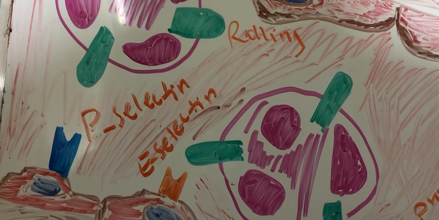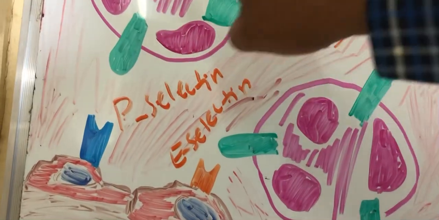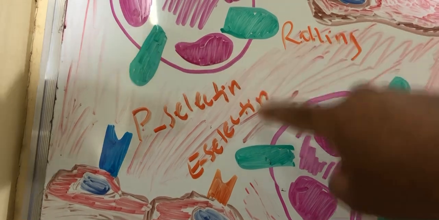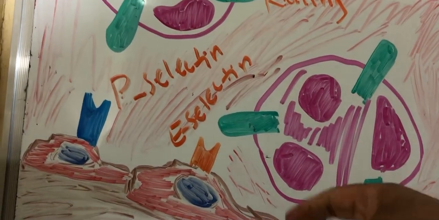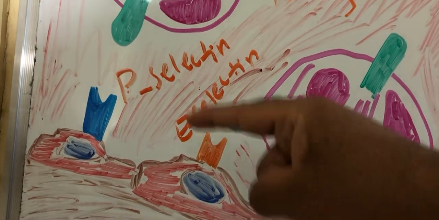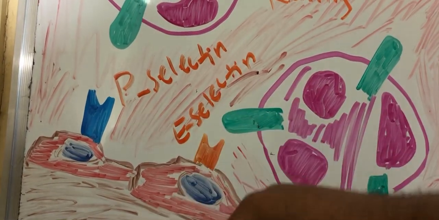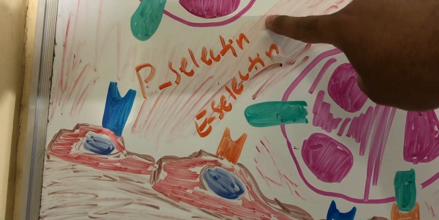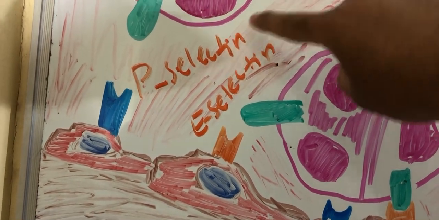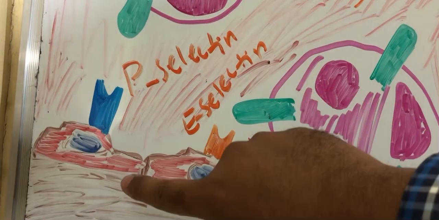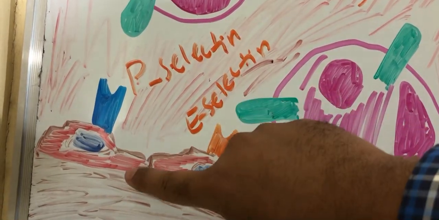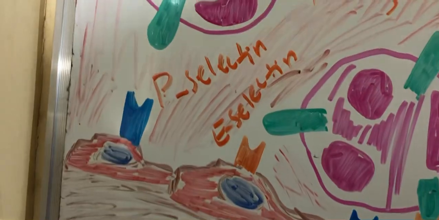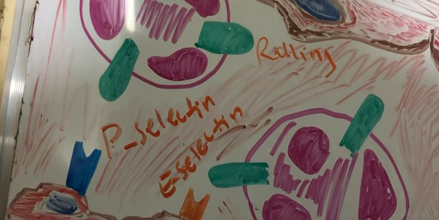What happens in rolling is, at the surface of the neutrophil there will be ligands that are detectable by receptors on the endothelium, and on the endothelium there will be ligands that are detectable by receptors on the leukocytes. So the leukocyte has both.